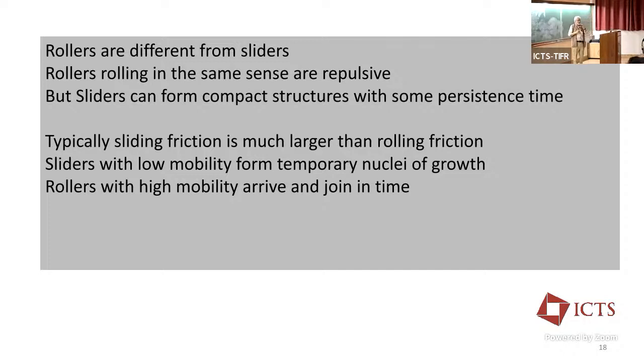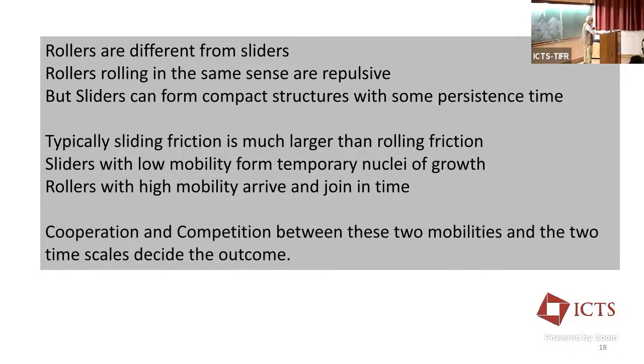So rolling allows the particle to arrive in good time to attach to the triad that has formed. Okay? But it also is more stable this way than that way. So that's how this forms. Finally, what seems to be going on is cooperation and competition between these two mobilities and the two time scales involved.